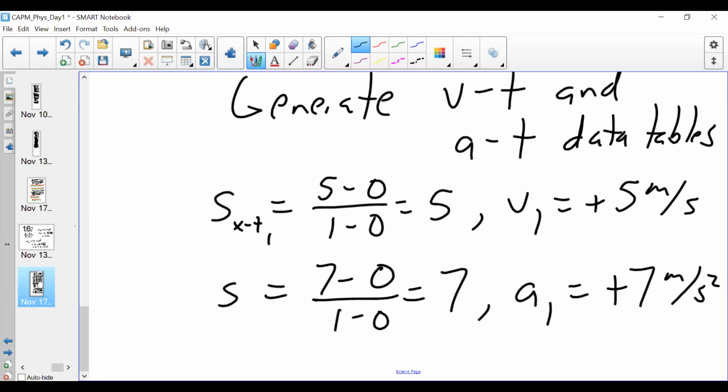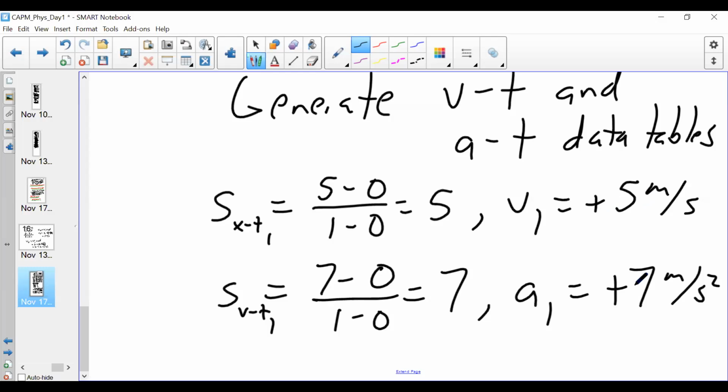So the first slope of your VT data gives me my first acceleration. That's an option, but I do want it in this form. I want you to calculate the slopes of each data points and translate them to a velocity or acceleration.